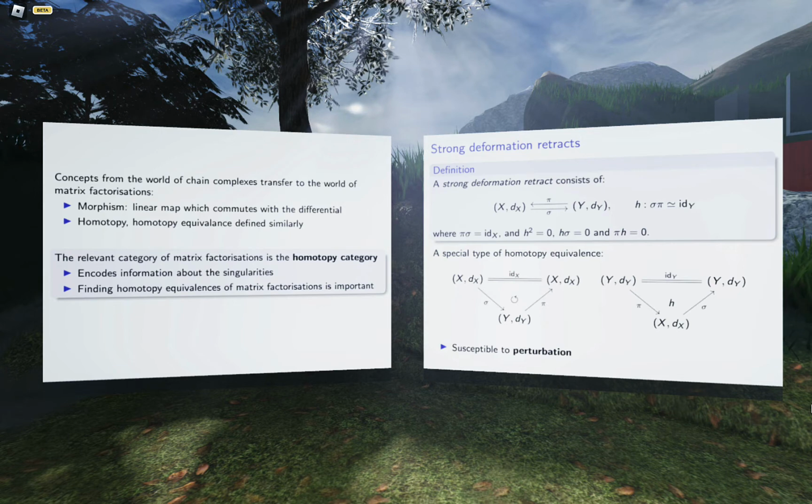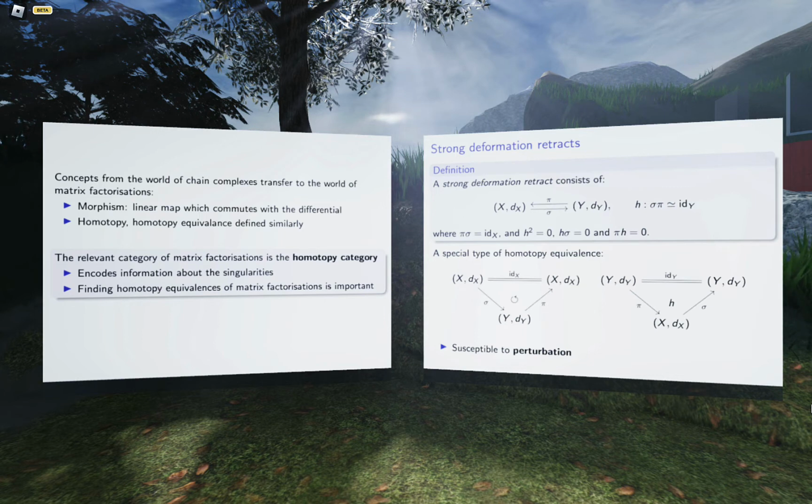So not just up to homotopy, it is actually equal to the identity. And then in the other direction, pi followed by sigma, that is the identity up to homotopy. And this homotopy, which relates pi sigma to the identity on y, must satisfy some additional properties.